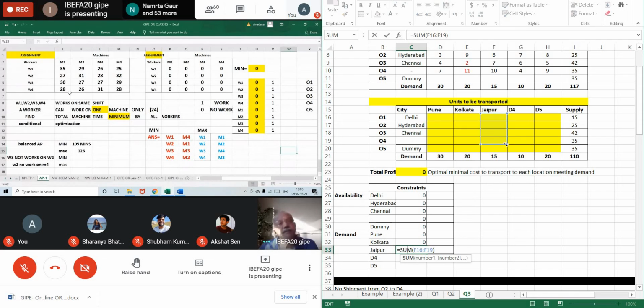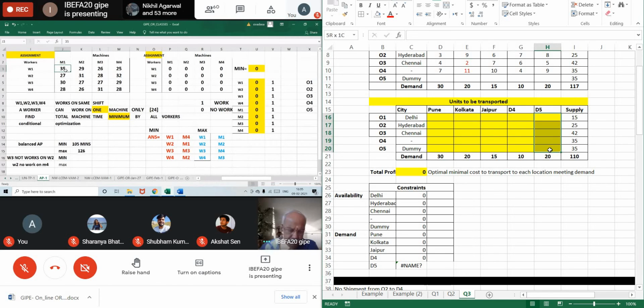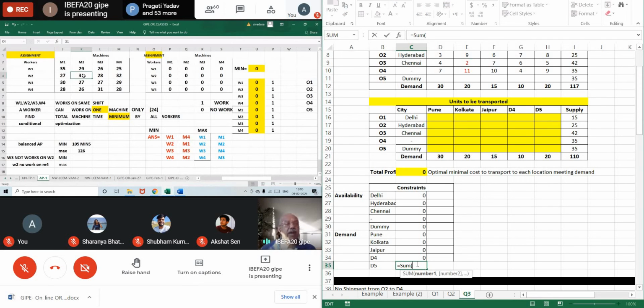For example, worker 1, machine 1. Then worker 2 has how many choices? 3 machines, sir. Say worker 2 will be on M2. Then worker 3 has how many choices? 2. Say worker 3 will be on machine 4.